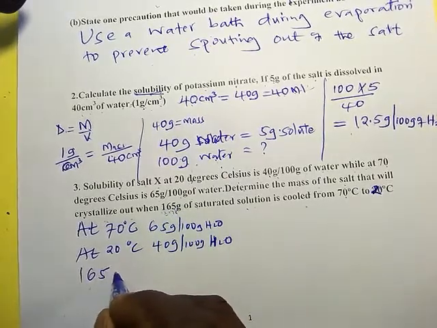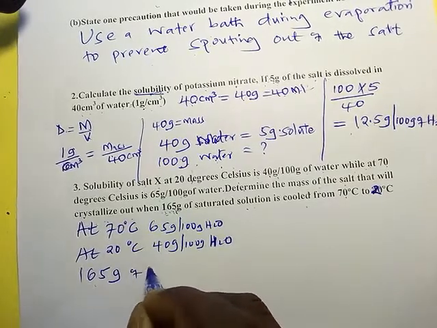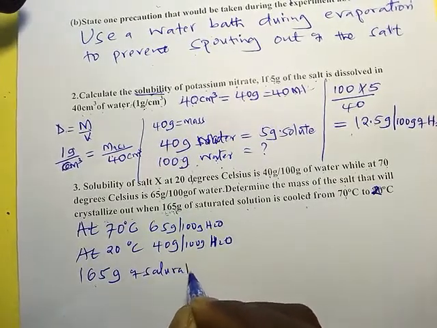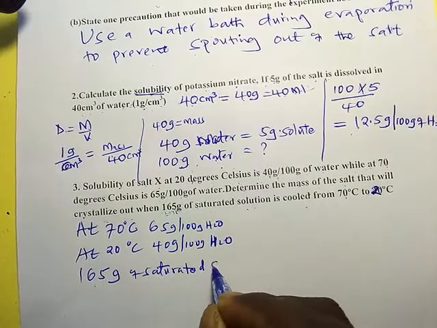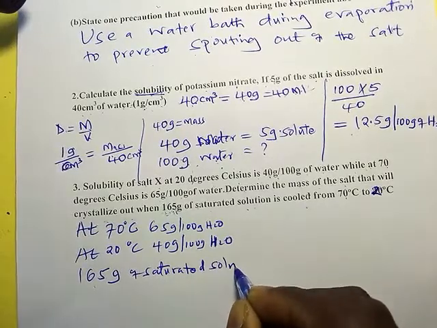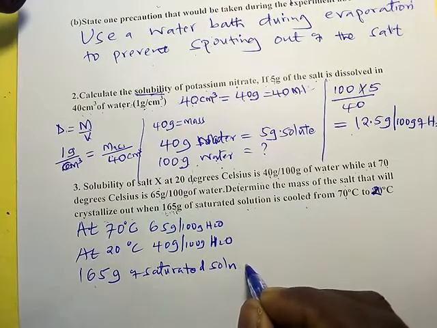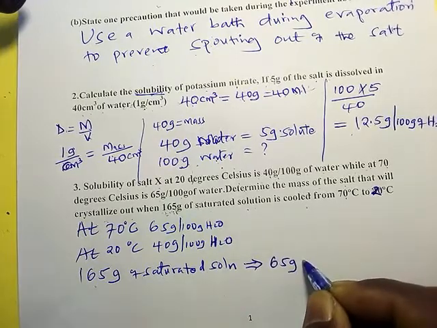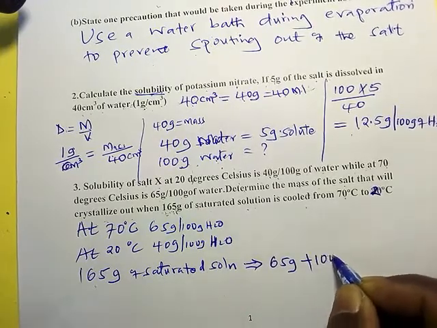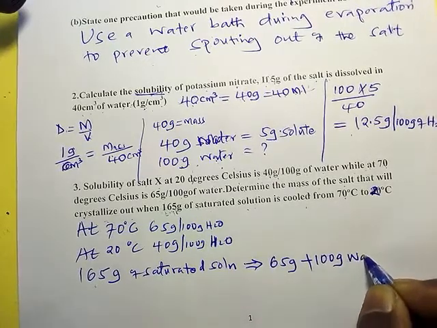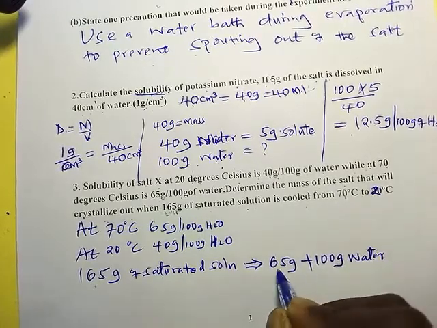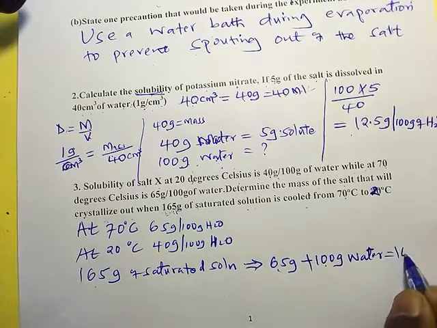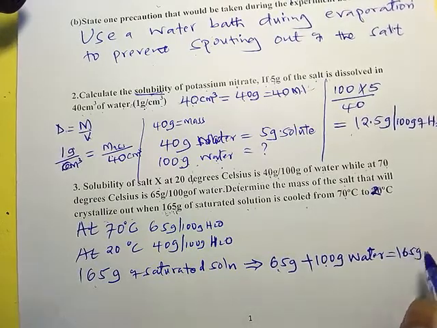It is important to understand that 165 grams of saturated solution implies that 65 grams was dissolved in 100 grams of water. So 65 plus 100, the answer is 165 grams. Are we together? I hope so.